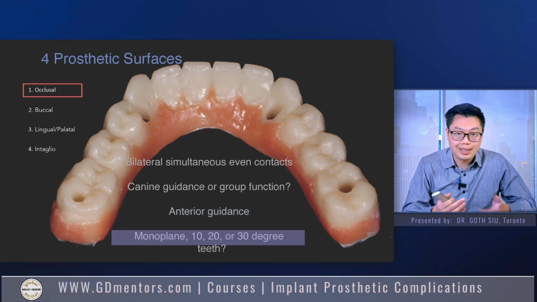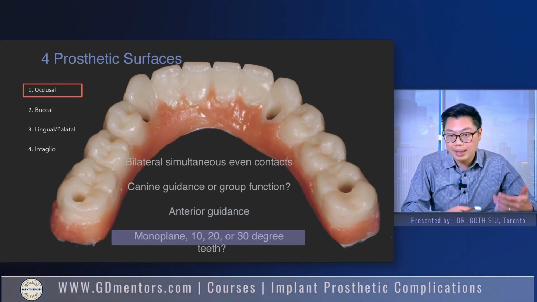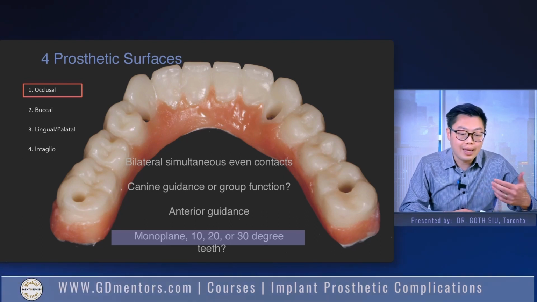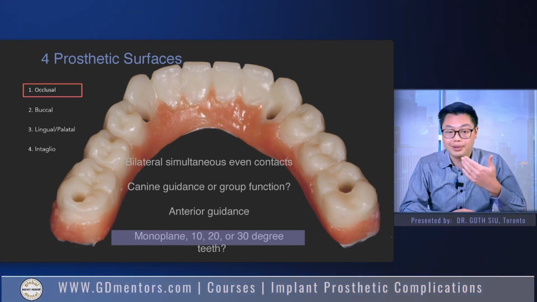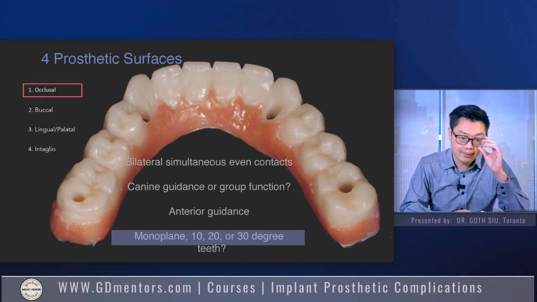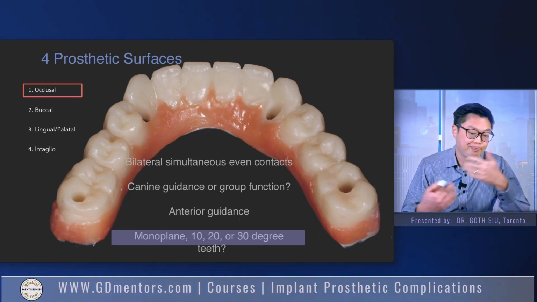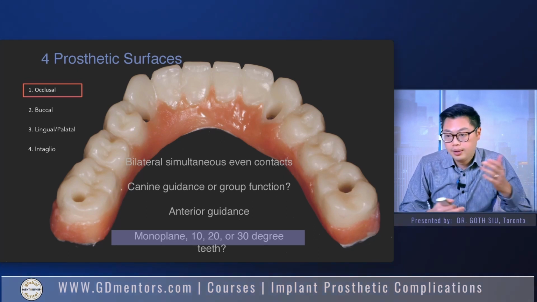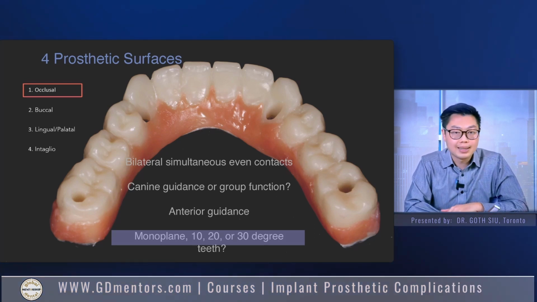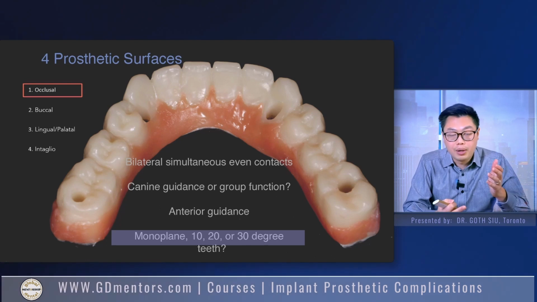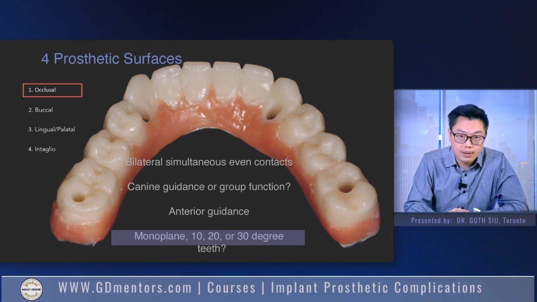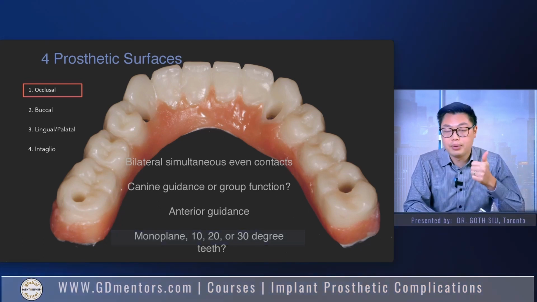And then choosing the anatomy of your teeth. Is it going to be monoplane, 10%, 20%, 30%? That's largely dependent upon what's on the opposing arch, right? If you're doing a lower fixed restoration, the upper is a denture, and the patient has poor dexterity, for example, maybe monoplane teeth or 10 degree teeth, because the upper denture is the weaker arch.